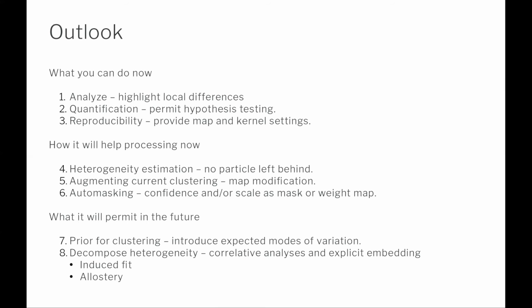Hopefully it will start to help how we process data, with some level of heterogeneity estimation that isn't based on counting particles in different classes and circling different groups of particles within phase diagrams. Hopefully it can augment current clustering by allowing this map modification to direct class convergence a bit.